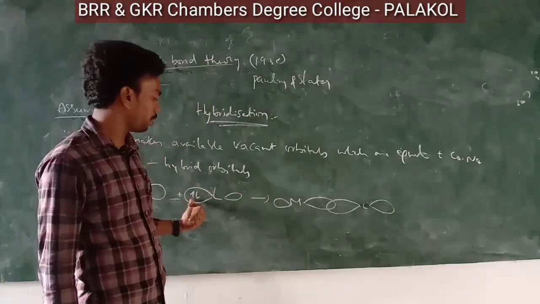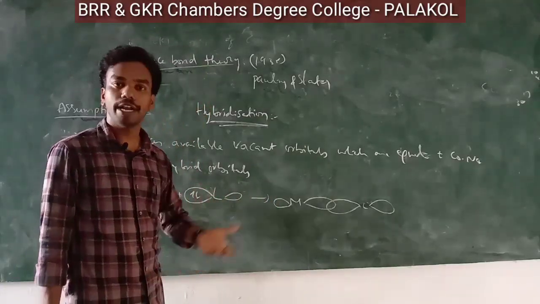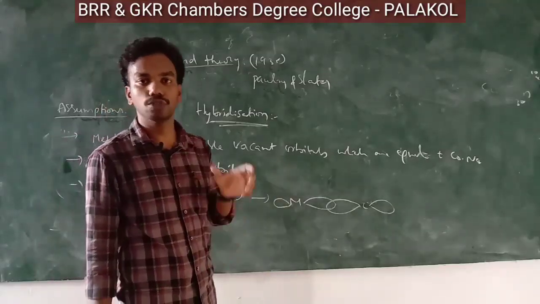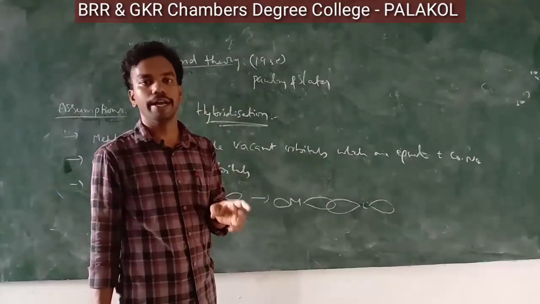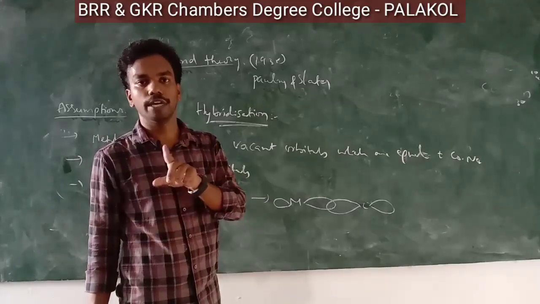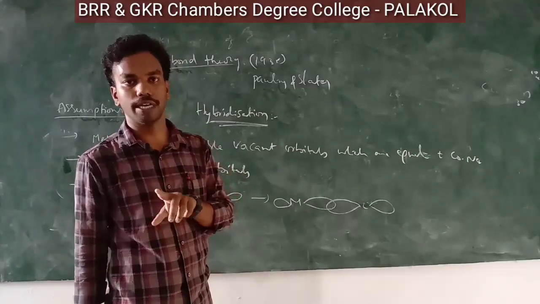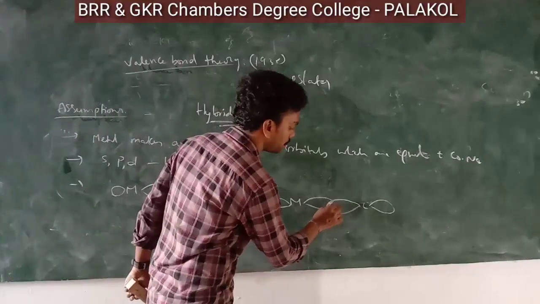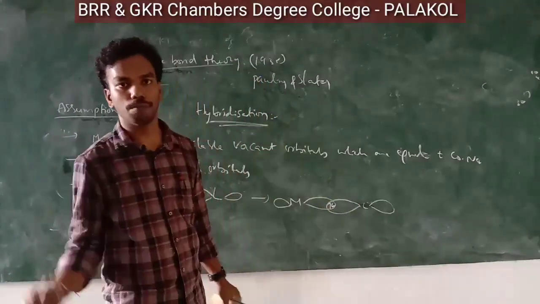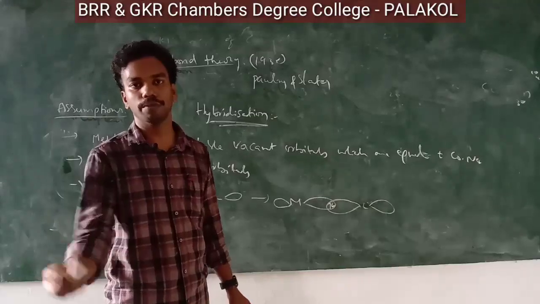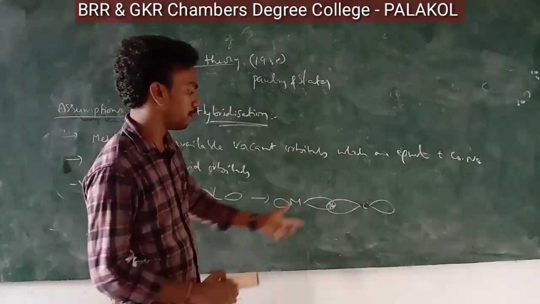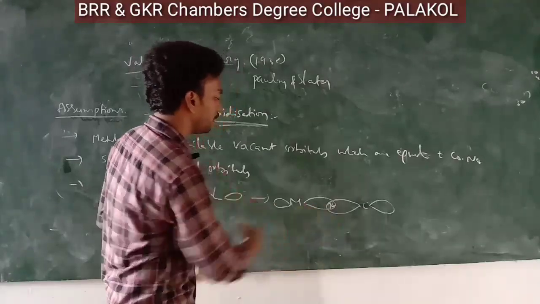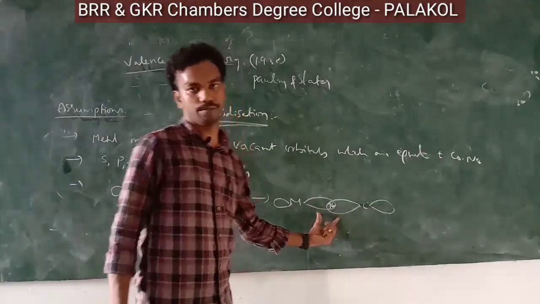In a coordinate bond there is also a shared pair of electrons, but it is donated by one atom only, so there is only one contribution. However, once the coordinate bond is formed, it is considered a covalent bond.